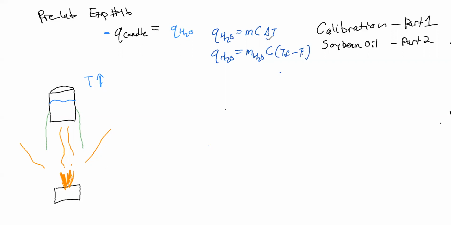If it's increasing in temperature, we're going to see a positive change for its delta T, and if it's decreasing, we're going to see a negative change. For our experiment, our water is always going to be gaining heat, so it should always be increasing. Our final temperature is going to be higher than our initial. As we work through the lab, we're going to be determining that part.